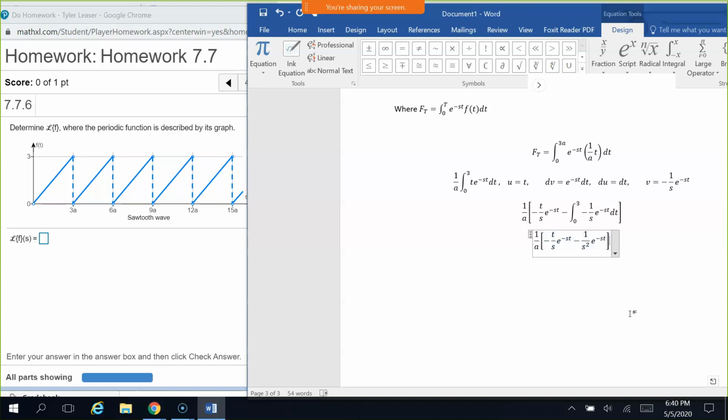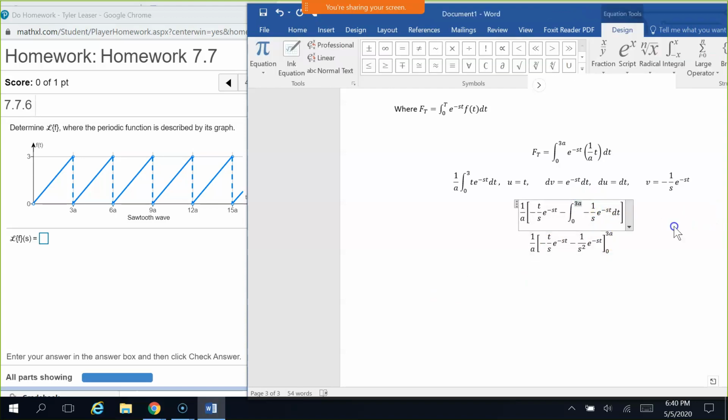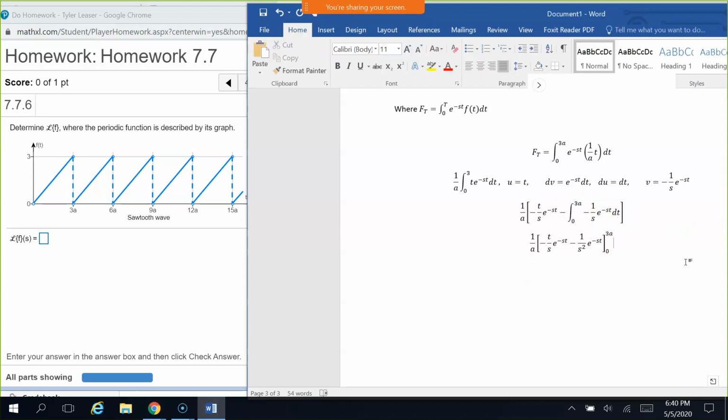And then we're going to evaluate that between 0 and then the upper limit, which was 3a. In fact, that should be a 3a there as well. The variable that we're integrating over is t, so we're only plugging in 3a and 0 into the t's.